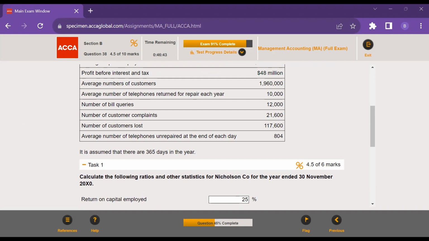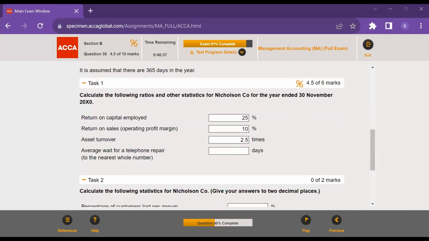So basically, we'll have to find it out in days because that is what the requirement is. So this is 804 divided by total, which was 10,000, and multiply this by 365, as this is the number of days given to us in the question. If you work this out, you will get your answer as 29 days. So 29 will be the answer.